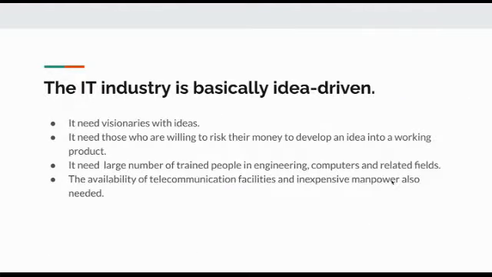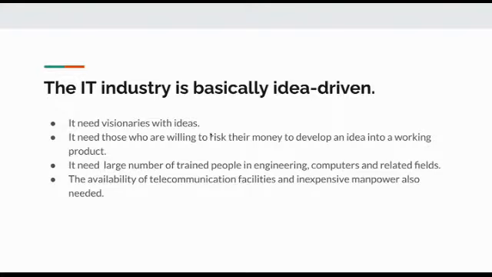Okay, then next, the IT industry is basically idea driven. This IT industry is not about making things, it gives many ideas, and like that it is helping every field. So the IT industry is basically idea driven.